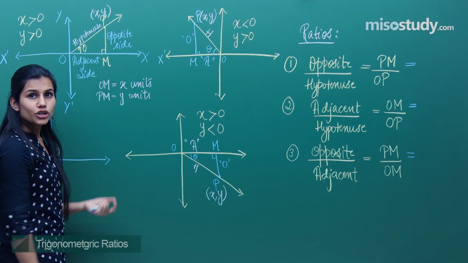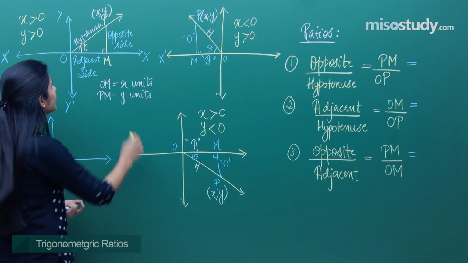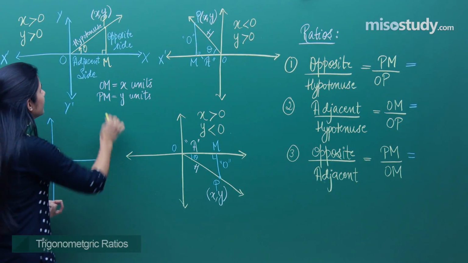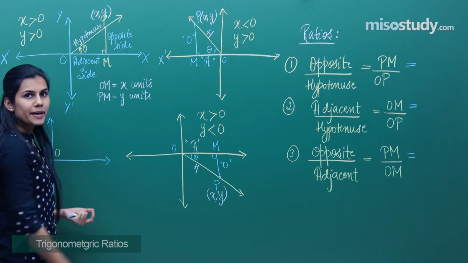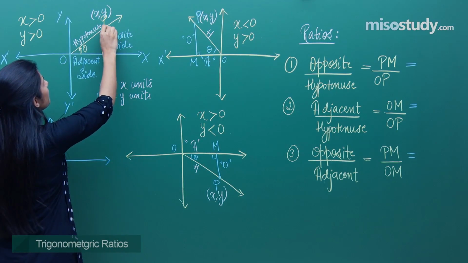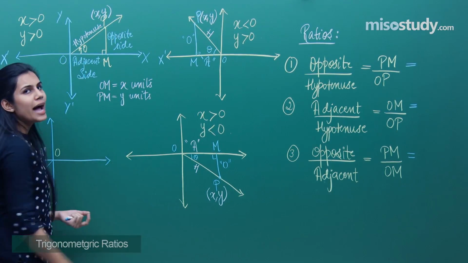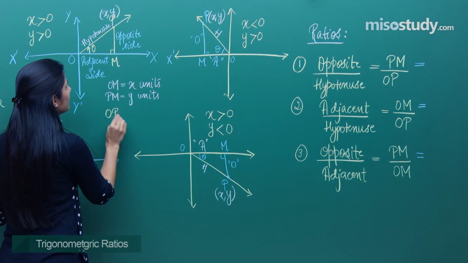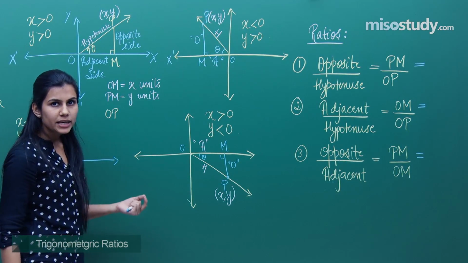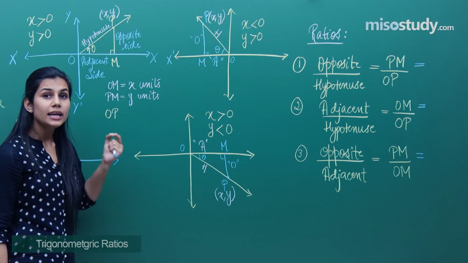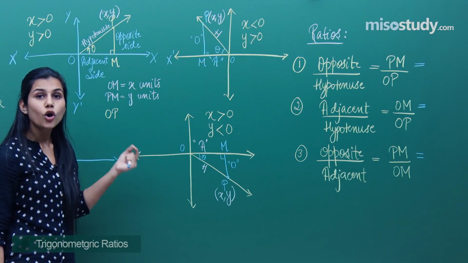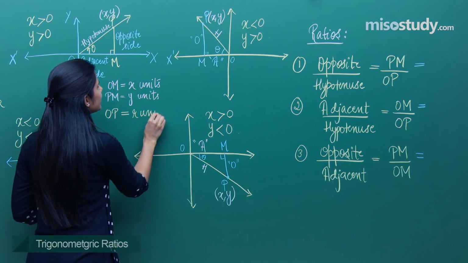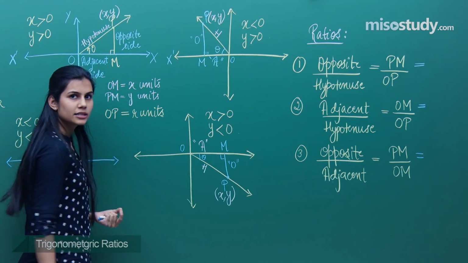Over here, you always have to understand that the hypotenuse, which is representing the length or basically the distance between the point O and the point P. This distance between the point O and the point P is what turns out to be the length of the hypotenuse OP. And this I am saying suppose is equal to R units.